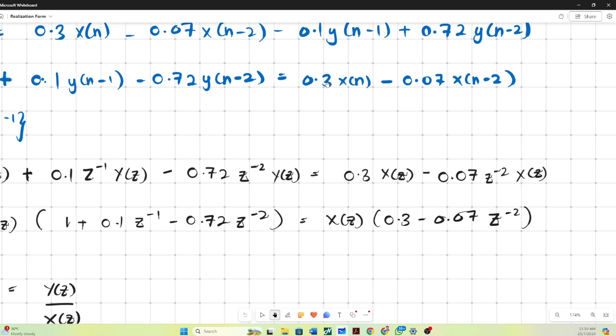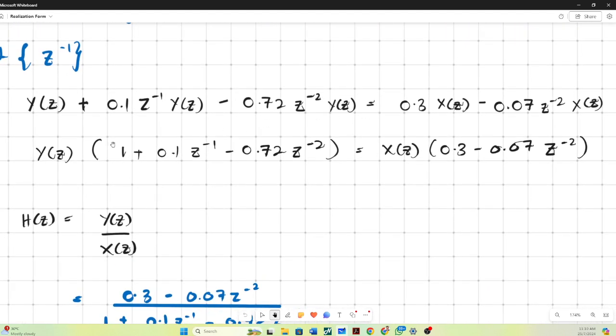The amplitude is 0.3, so 0.3 x[n] becomes 0.3 X(z). And then minus 0.07 x[n-2] becomes minus 0.07 z^-2 X(z).